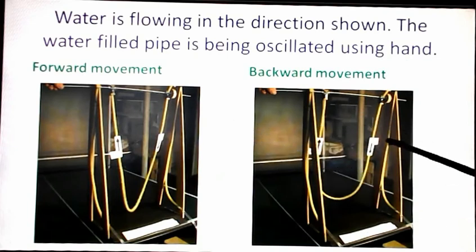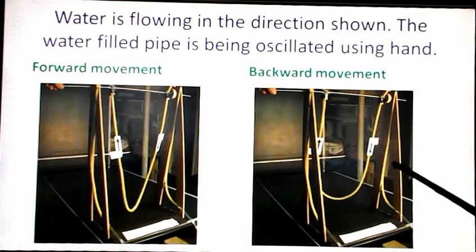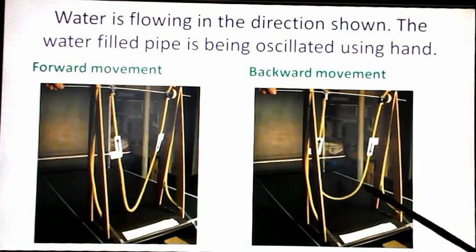So again there is a twist, but this twist angle is opposite to this twist angle. Again we say that the twist angle is directly proportional to the mass flow. More the mass flow, more the twist angle.